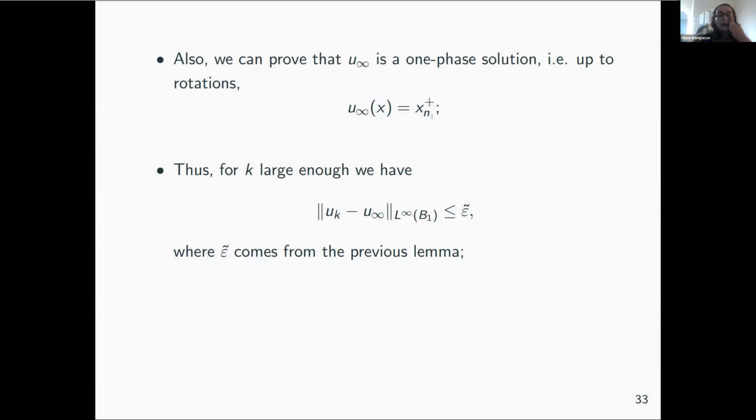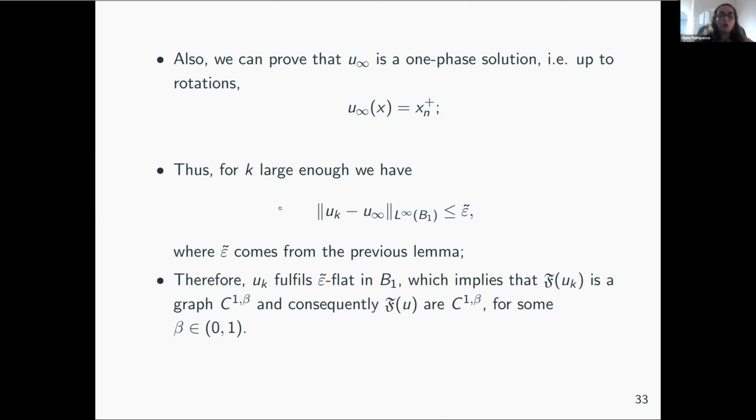Then for k large enough, we have that U_k is close to U infinity by epsilon tilde, where this epsilon tilde comes from the previous theorem.